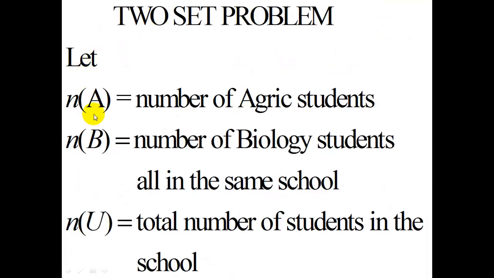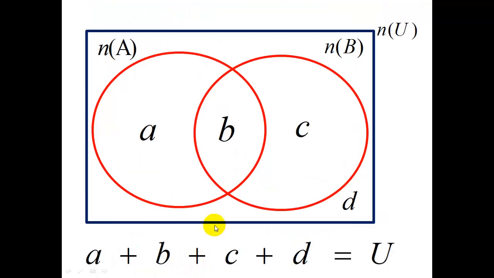Now, let number of A be equal to the number of Agric students. Let number of B be equal to the number of biology students, all in the same school. And the number of U equals the total number of students in the school. Now, A represents the number of students who read only Agric.